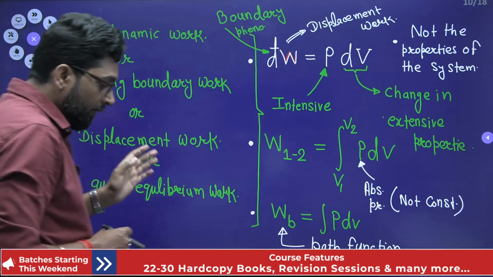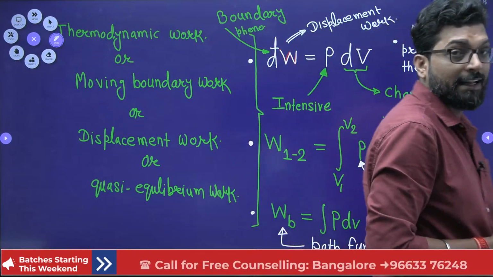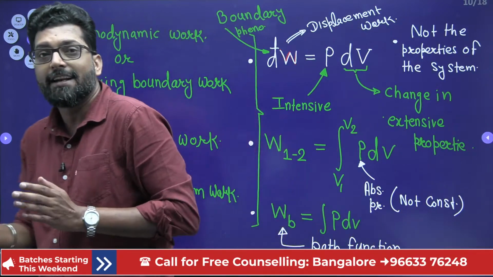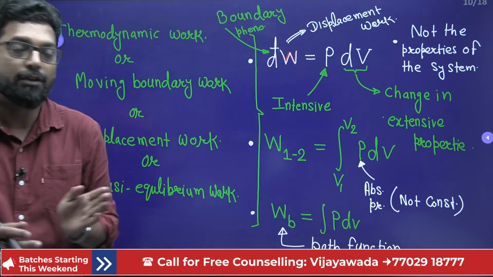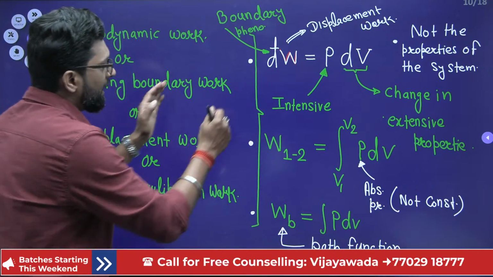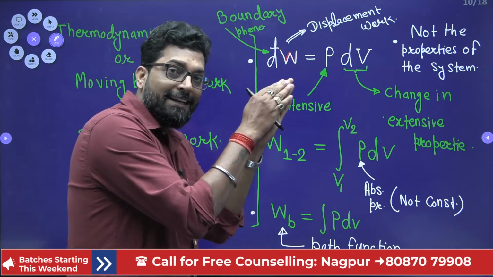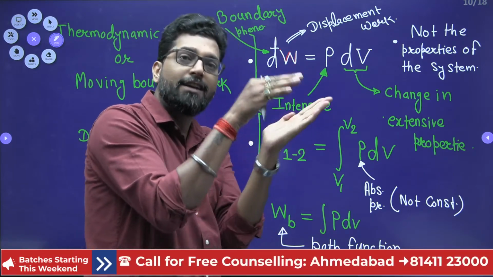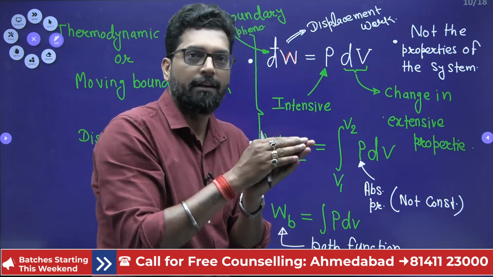Now, one of the other things, work, that is very confusing, is that work is related to fluid flow, and this is also called beta. That means in this case only the displacement of a boundary is there. Only the boundary is displaced, the fluid is not moving.